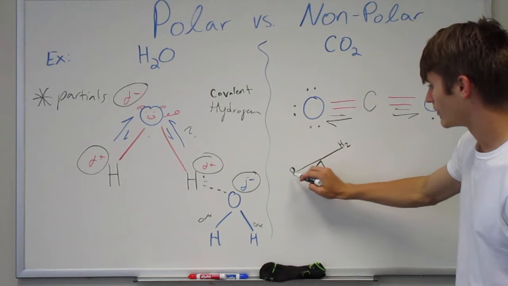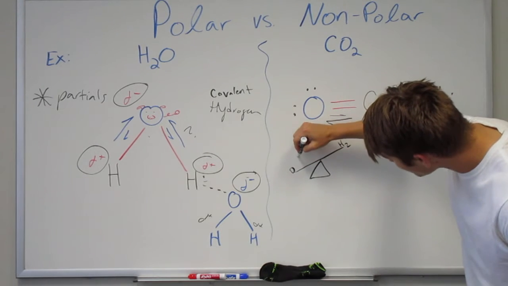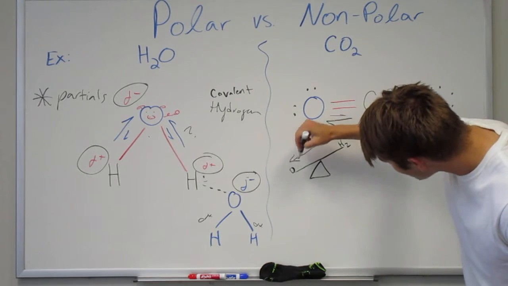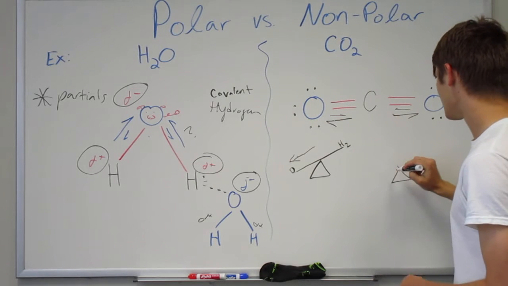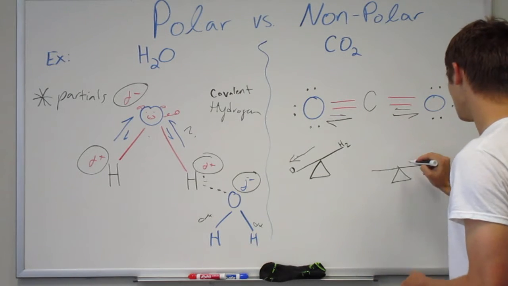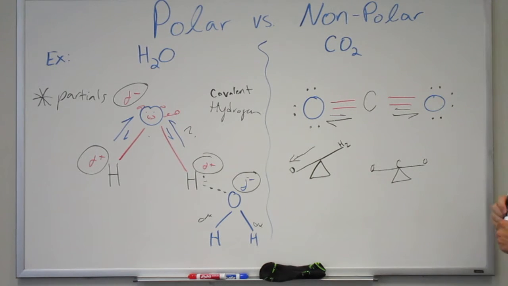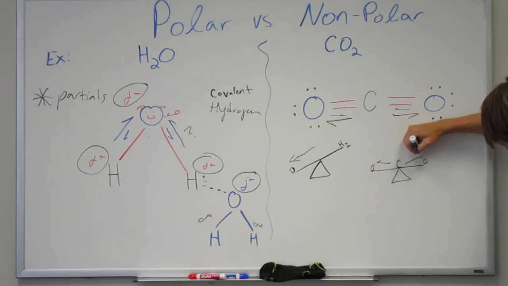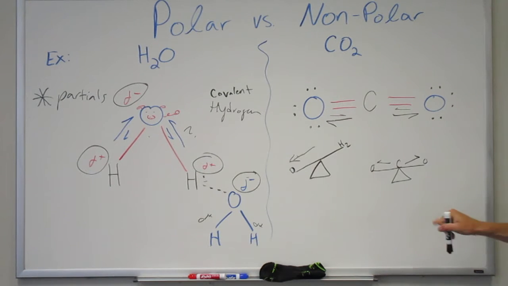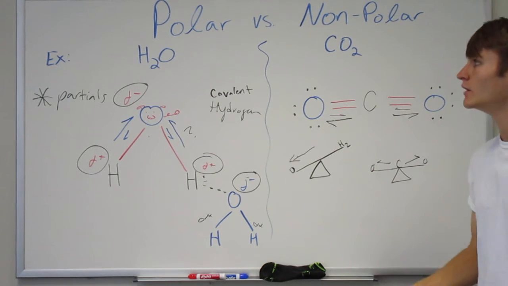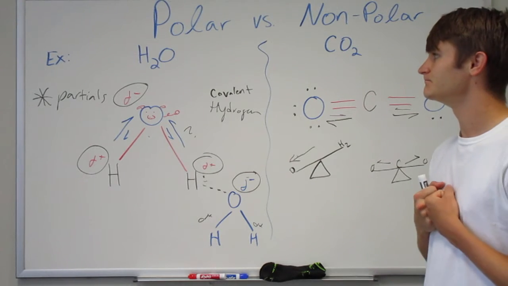The oxygen is obviously more electronegative, so the pull goes more that way. As far as the carbon dioxide, it's even. You have the carbon in the middle and the two oxygens pulling at equal weight, so they're the same. So nonpolar, polar. Polar is just when they're pulling more.